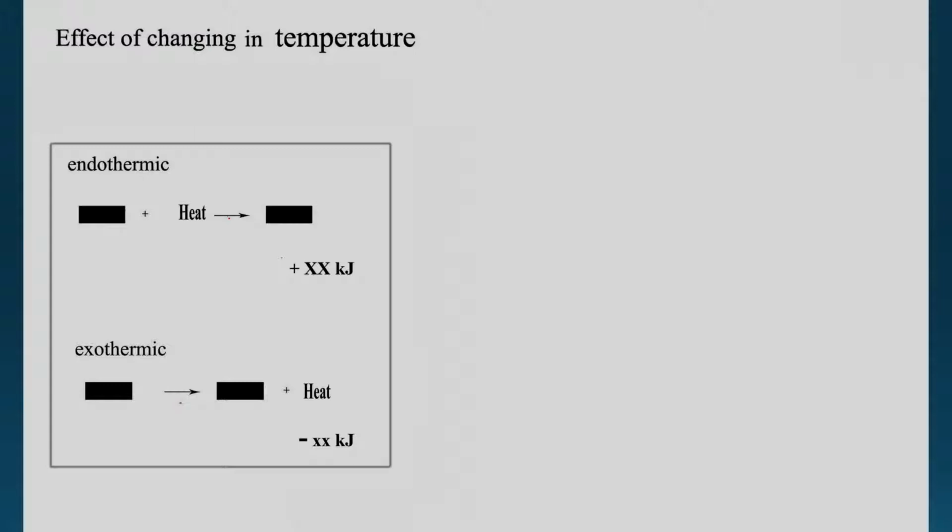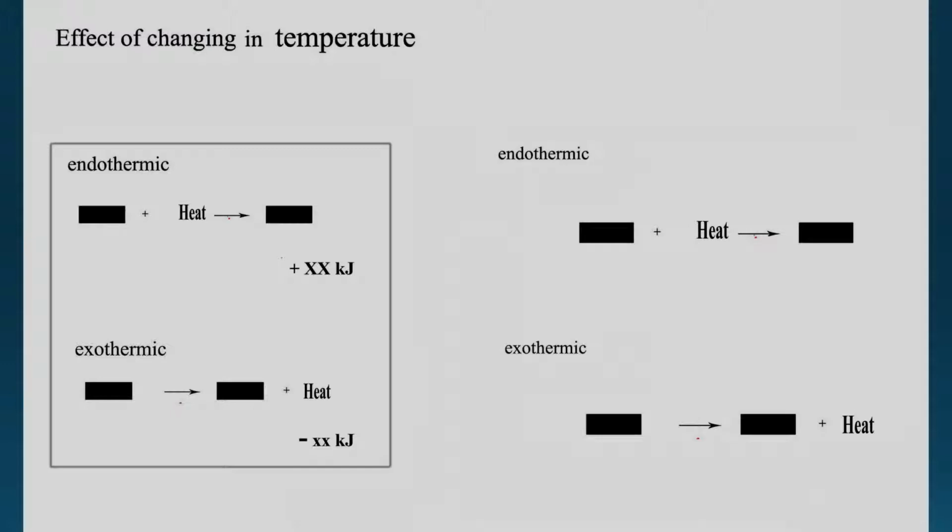Now we start Le Chatelier's principle. Now endothermic, exothermic. Remember this heat rule we mentioned early. Look at the top one, endothermic. If this is an endothermic reaction and you add more heat, which way, according to the heat rule, should it shift? It will shift towards the product.